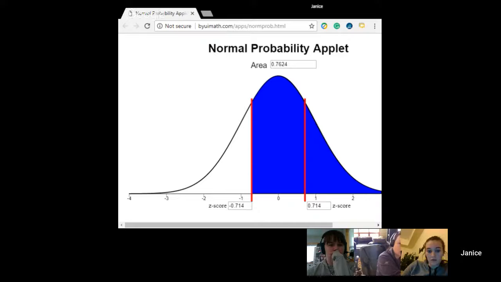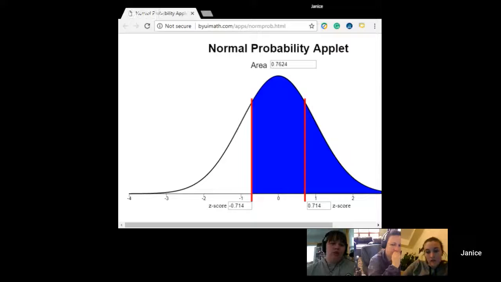Okay, so 14 would actually be the 0.762. Okay, because the mean is actually in the middle, and then that changes to the left would be 60, to the right would be 70, and then everything over. Okay.